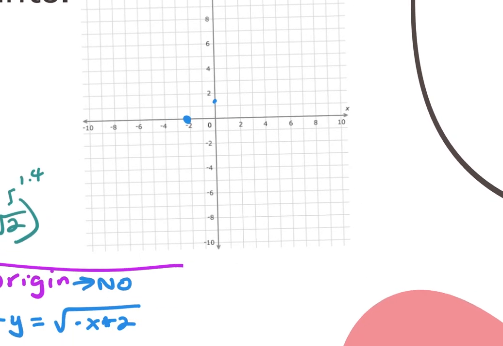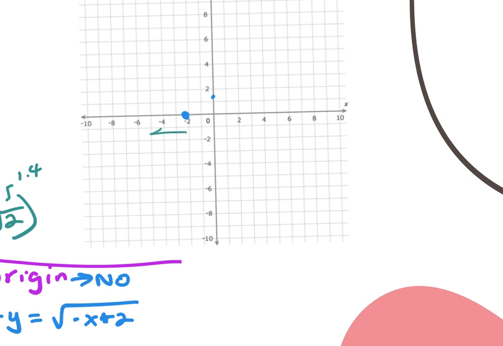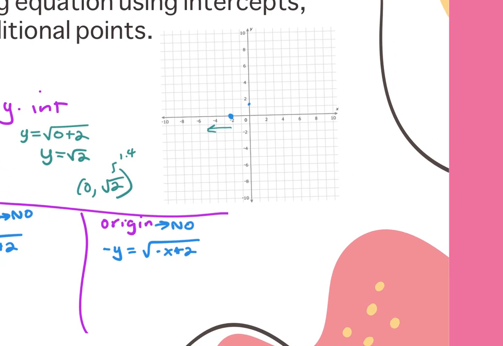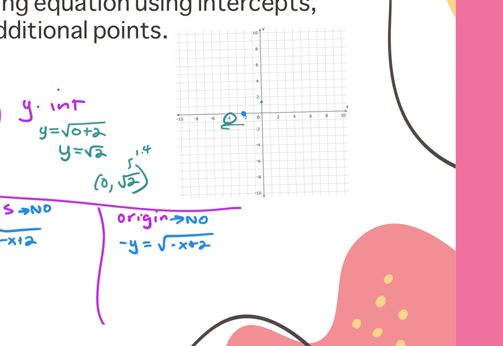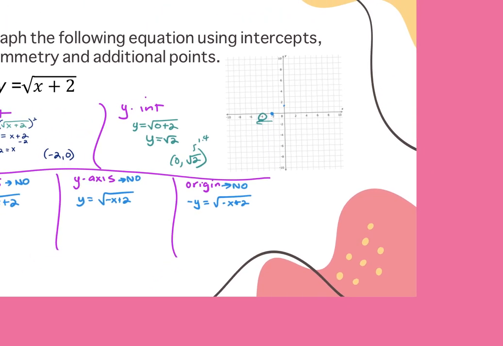If I plug in a point from behind the -2, so let's say I plug in -4 just to plot a point, I would get y equals the square root of -4 plus 2, y equals the square root of -2. What's the square root of -2? It's an imaginary number. Can you graph an imaginary number on a rectangular coordinate grid?